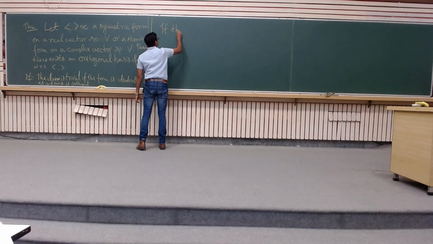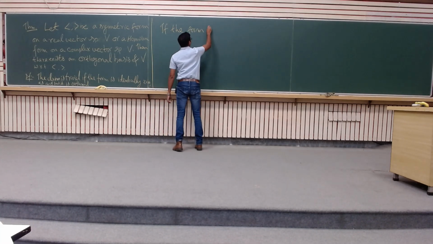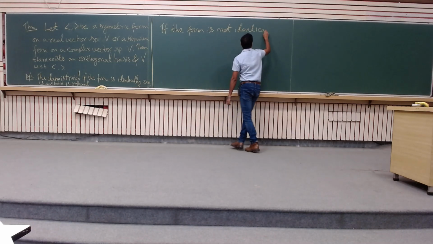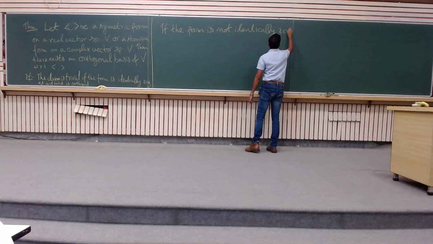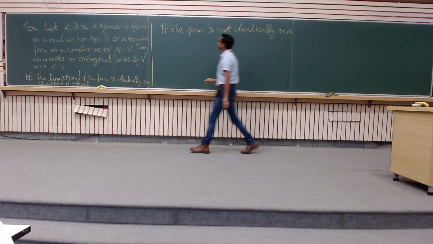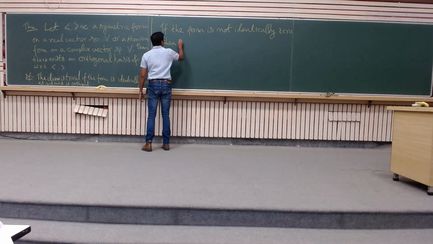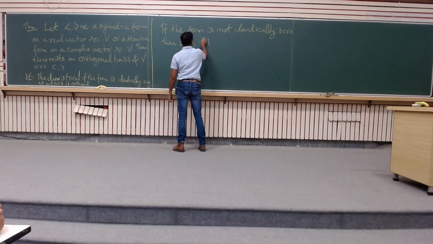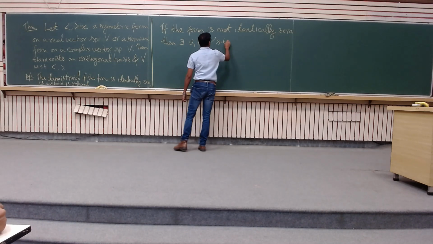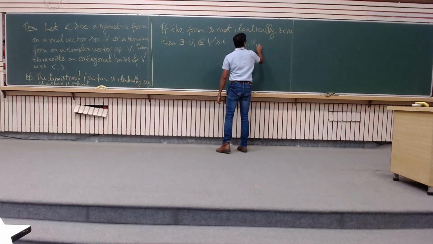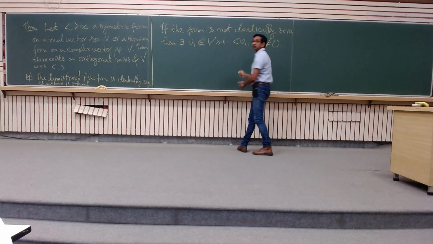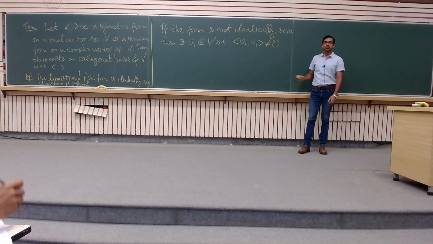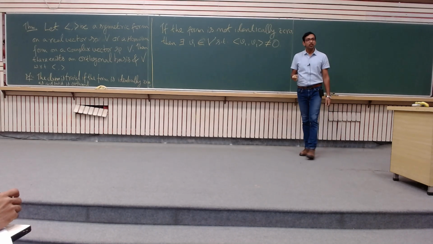If the form is not identically 0, then there exists some V1 in V such that V1, V1 is not equal to 0. That was an exercise in one of the tests, right? How did you do this? Yeah, by contradiction, of course.